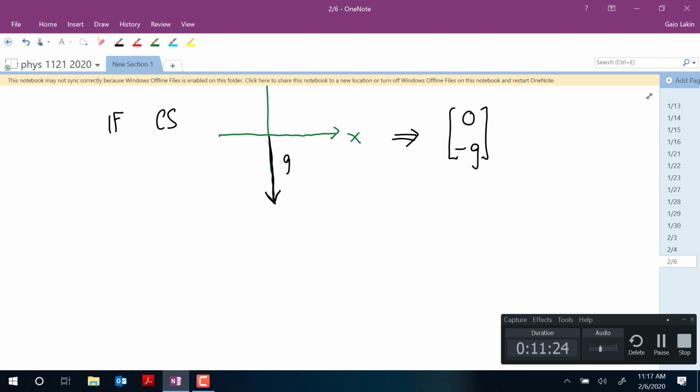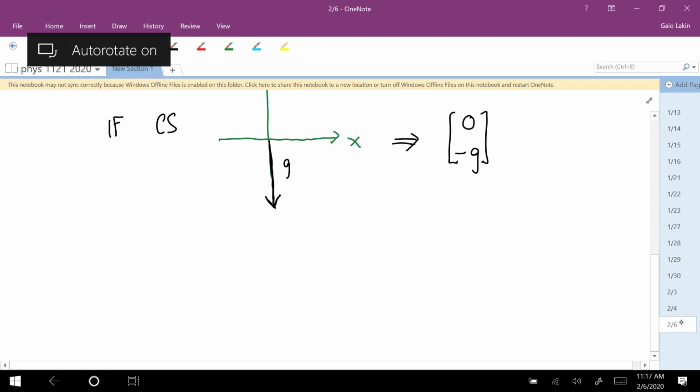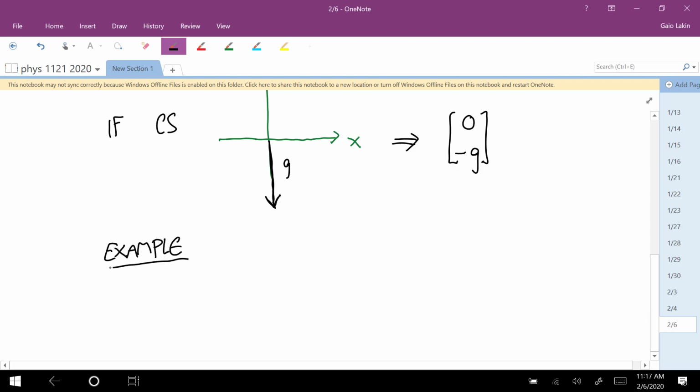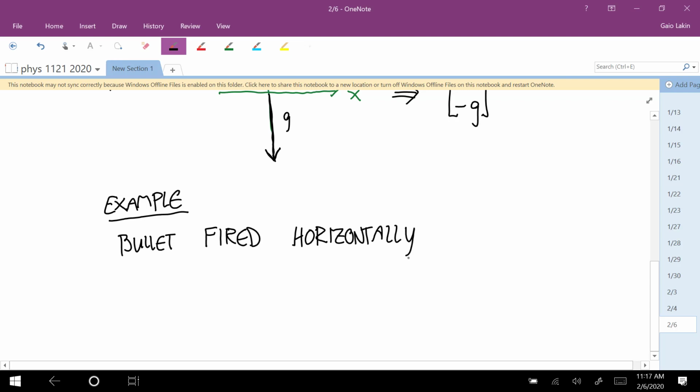Okay, so let's do an example. And let's say that this bullet is fired horizontally with a speed of 1,000 meters per second, which is probably a little too high, but it's a nice round number.